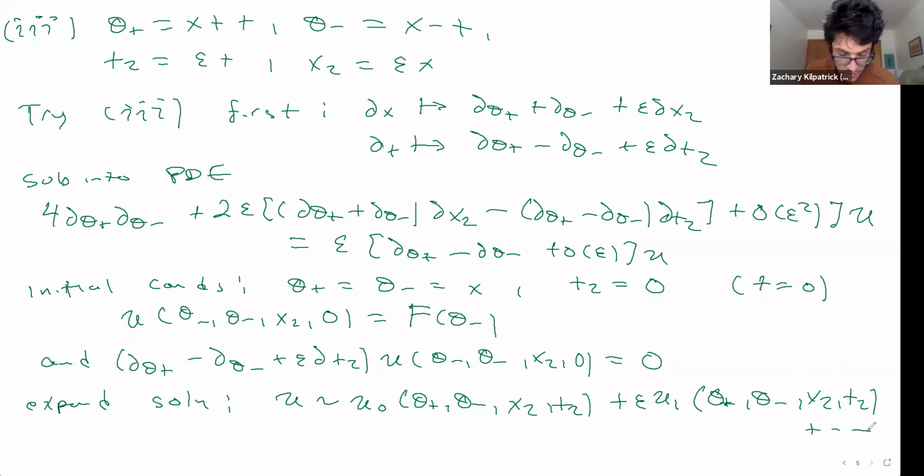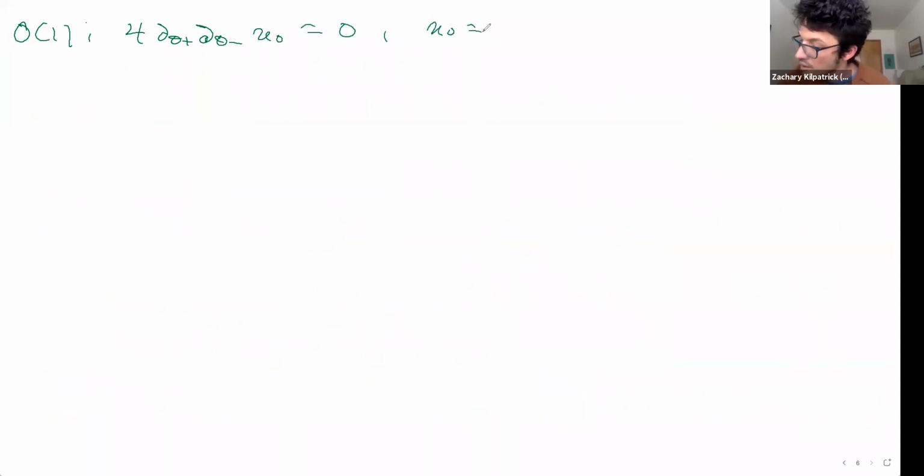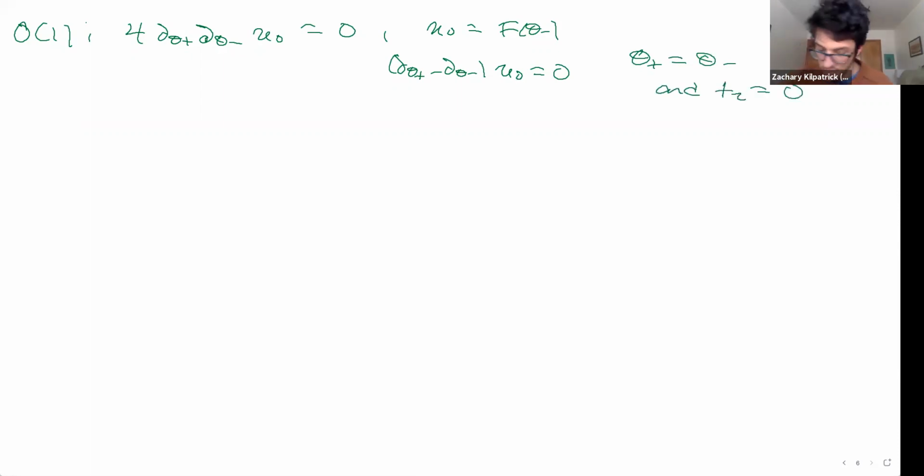So our order 1 equation is 4 d theta plus d theta minus of u0 is equal to 0. u0 is equal to f of theta minus, and d theta plus minus d theta minus of u0 is equal to 0. This occurs for theta plus equals theta minus, and for t2 equals 0.